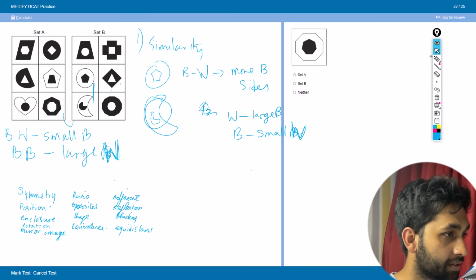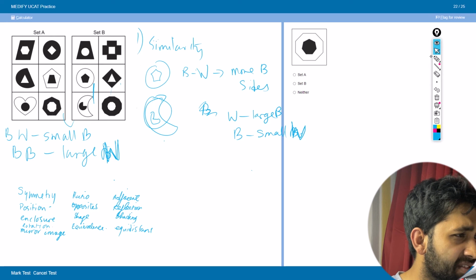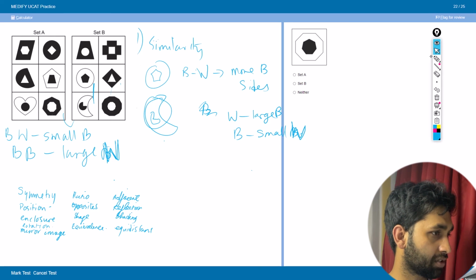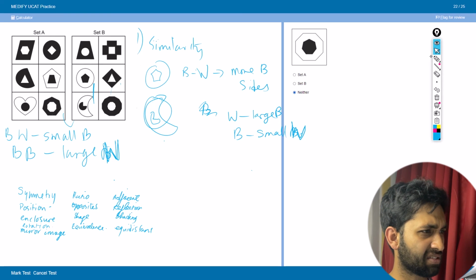This one is, I hate counting sides when it comes to these sort of shapes. 1, 2, 3, 4, 5, 6, 7, 8. So 8 outside. 1, 2, 3, 4, 5, 6, 7. Small, big white, big white, nope, big white has smaller, I feel like that's neither.